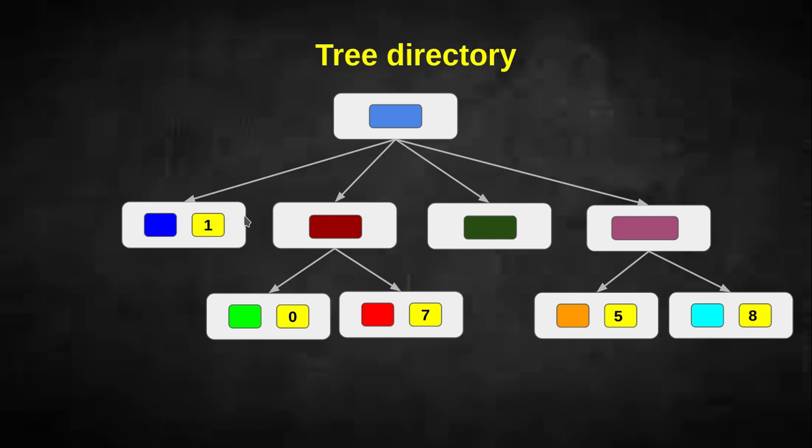So this is one file which is in this directory, then this is another directory that has its own children. Files and other directories can be siblings, and some directories might not even have children, so they end up becoming a leaf node.